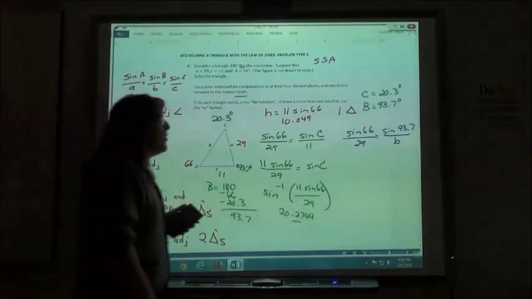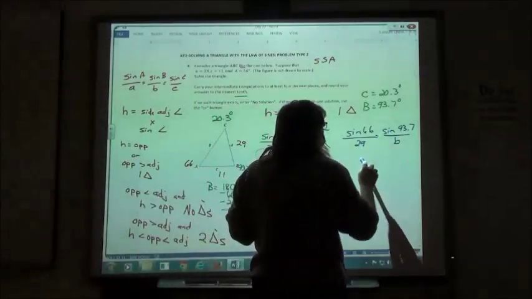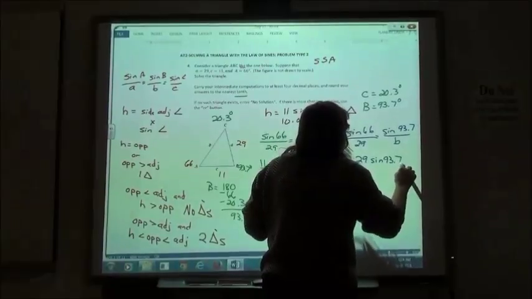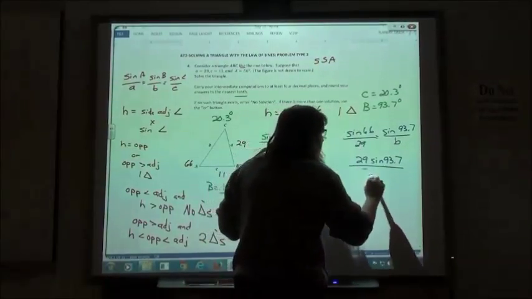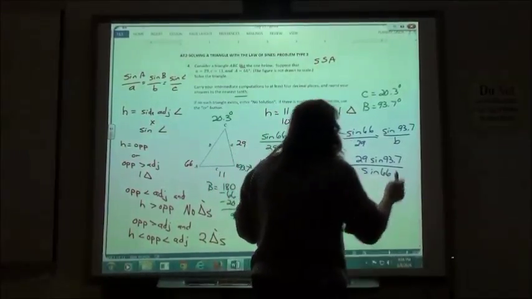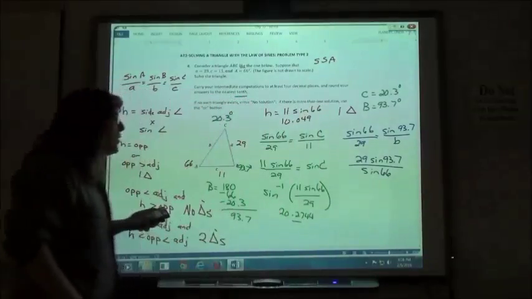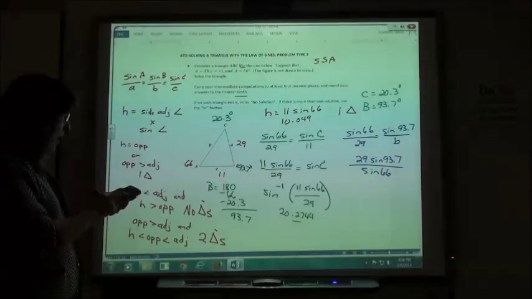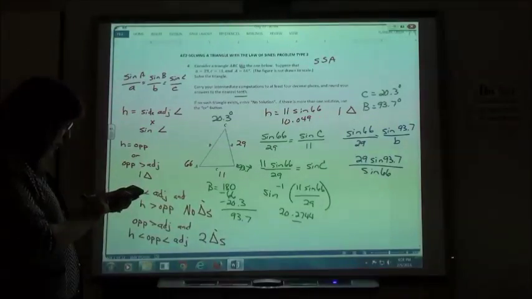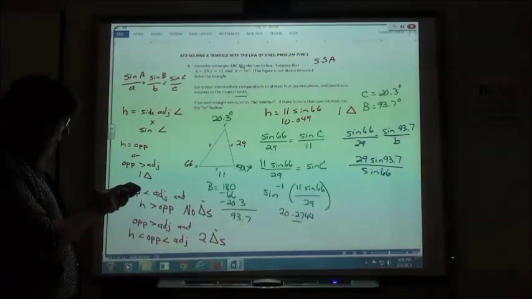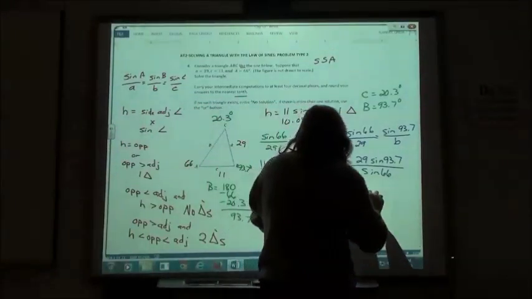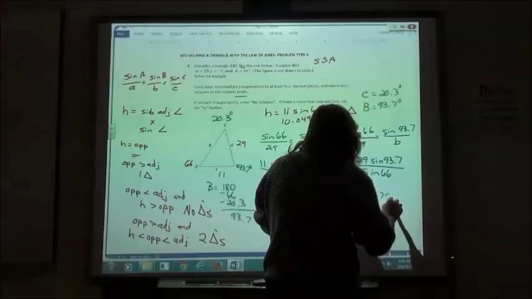Solving that by cross multiplying, I'm going to take the 29 times the sine of 93.7. I'm going to end up dividing by the sine of 66, like I did on problems 1, 2, and 3. And I'm going to punch that into my calculator. So 29 sine of 93.7 divided by the sine of 66 gives me 31.678.